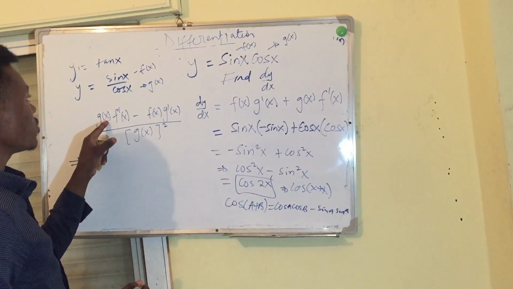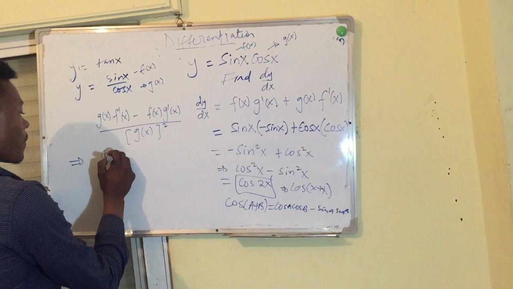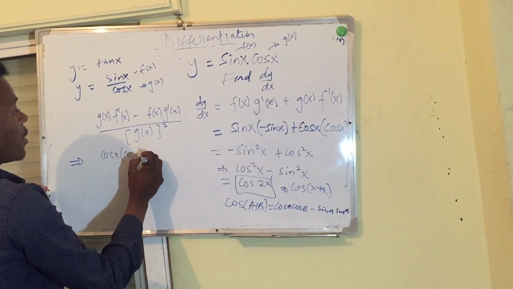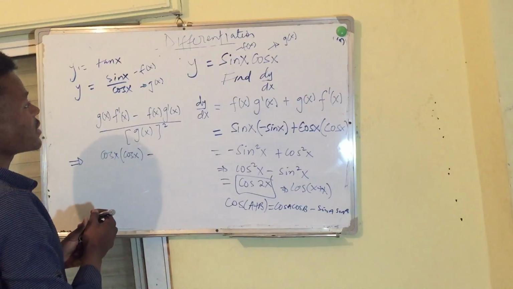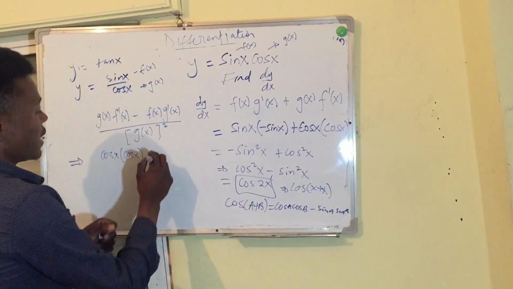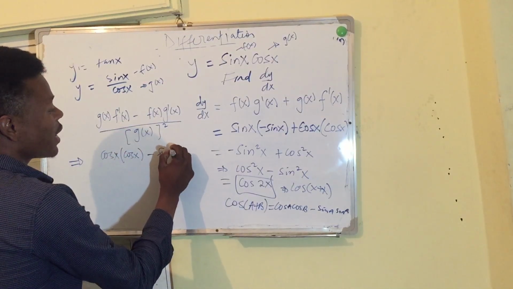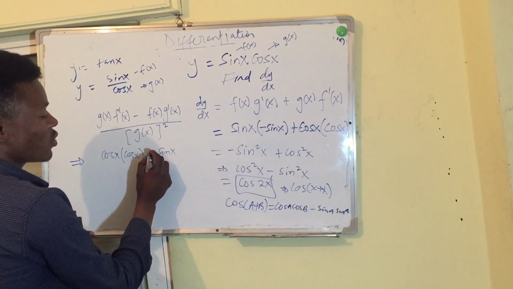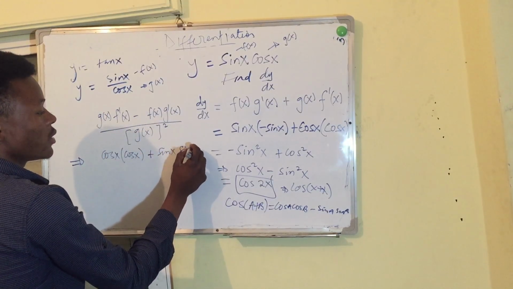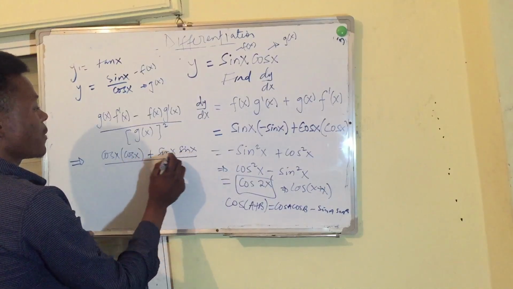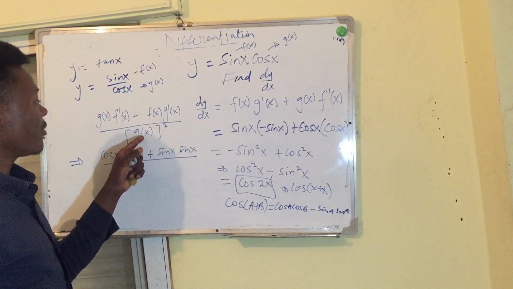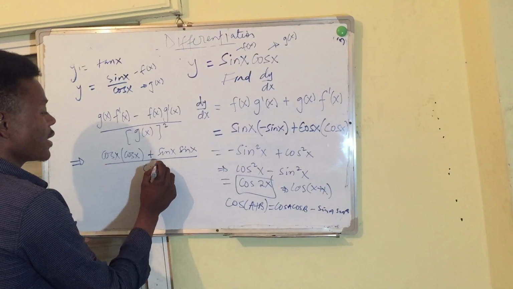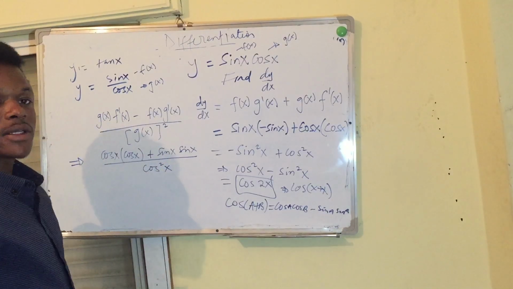So from here mun san g of x, which is cos x, times f prime of x, that is cos x again, minus f of x, sine x, times g prime of x, that is negative sine x, so another is positive sine x, divided by g of x square. G of x kuma is cos x, so we get cos square x, right?